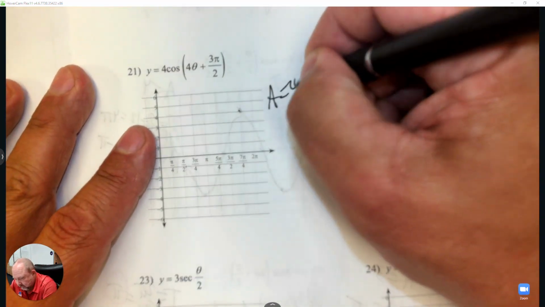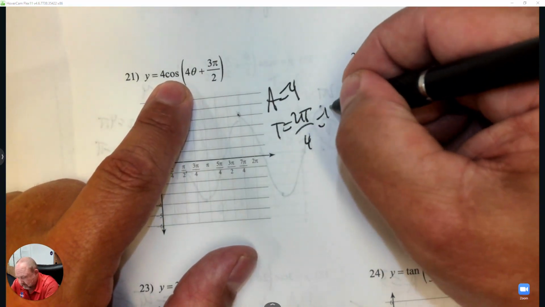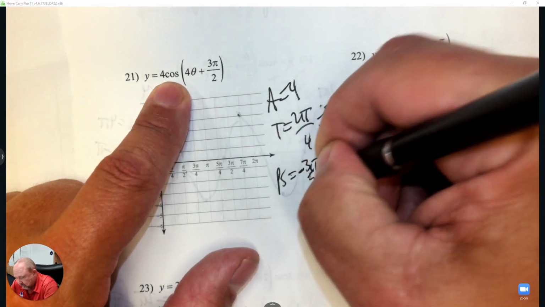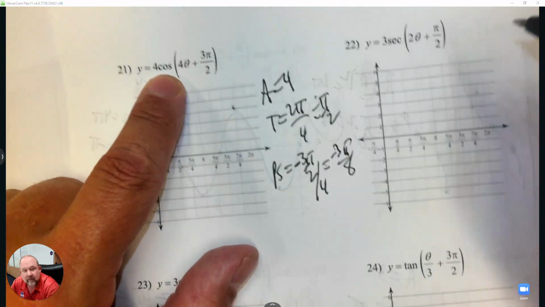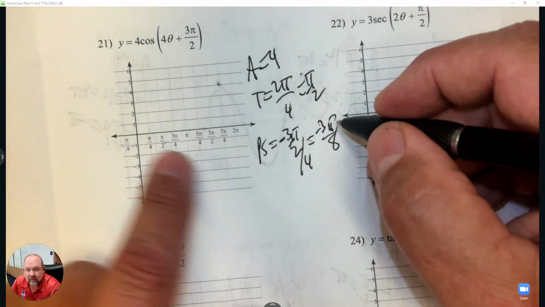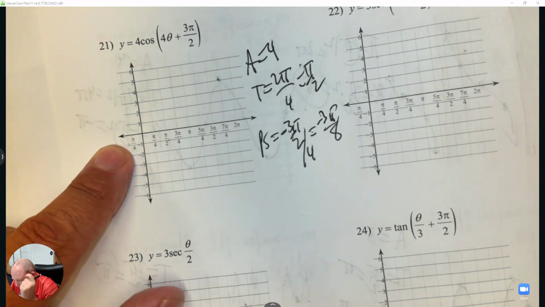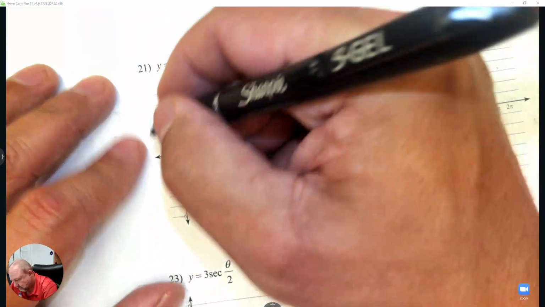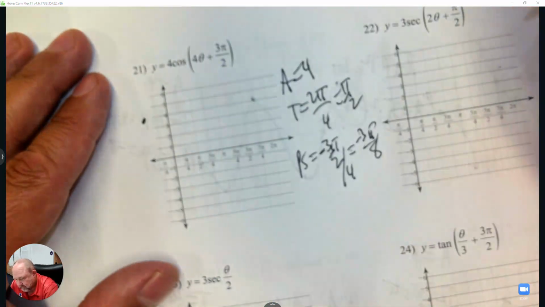All right, 21. The amplitude is 4. The period is 2 pi divided by 4. The phase shift is negative 3 pi over 2 divided by 4. And that's where we're going to start. So find negative 3 pi over 8 compared to pi over 2. Start at 4.